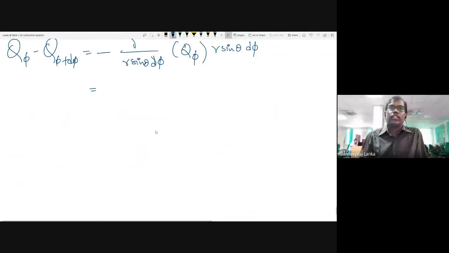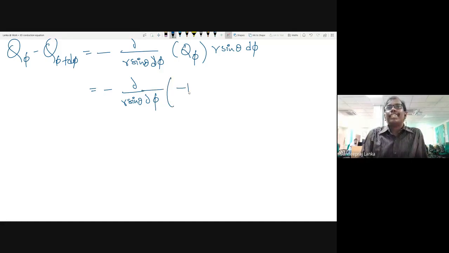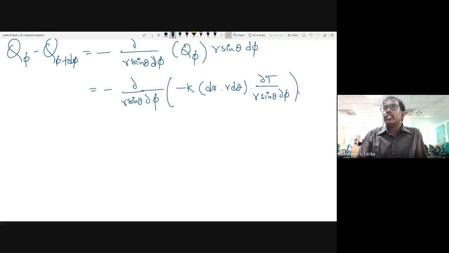So this is minus of dou by r sine theta into dou phi of minus k a, where a is dr into r d theta, into dou t. Since I'm considering partial, I'll go for dou t by r sine theta into dou phi, into r sine theta into d phi.